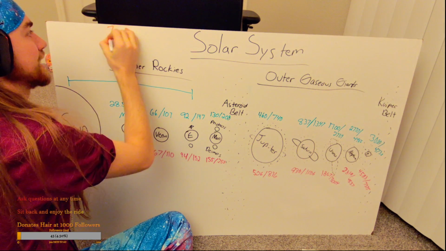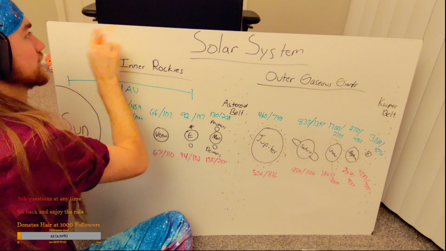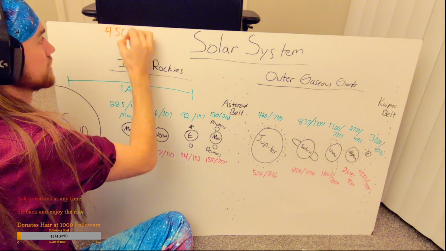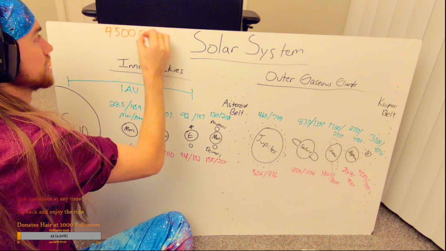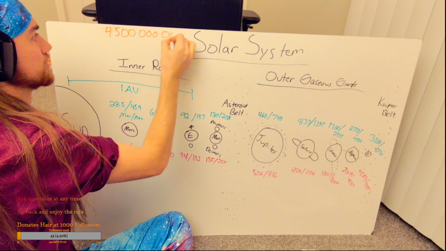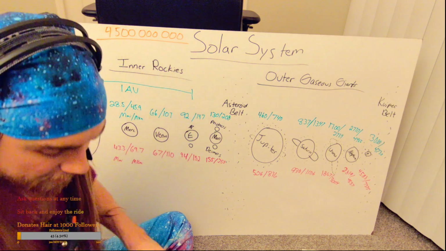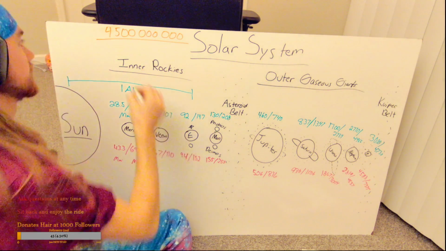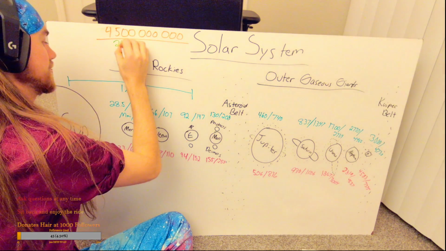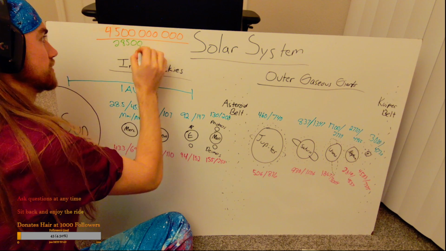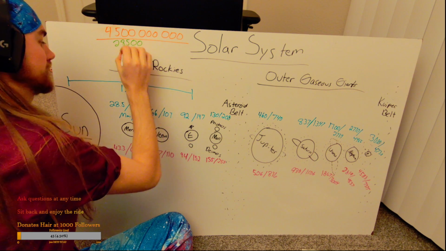We got 4, 5, 0, 0, 0, 0, 0, 0, 0, 0 divided by 28, 5, 0, 0. Let me make sure.